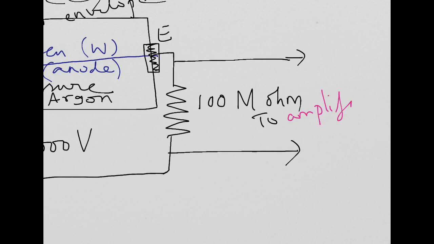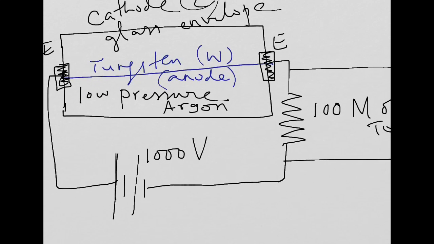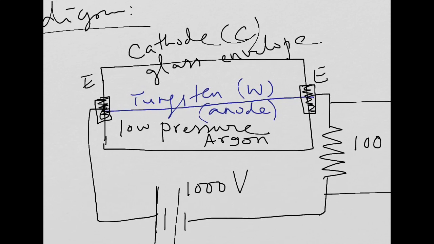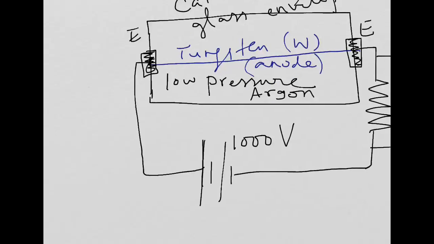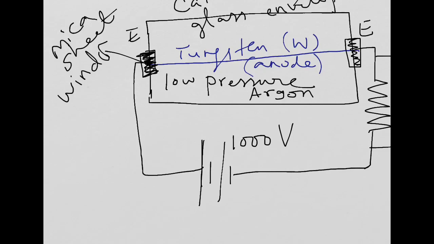This is the diagram of a GM counter. The end window is made up of mica sheet, which acts as a window for the nuclear radiations to pass through.